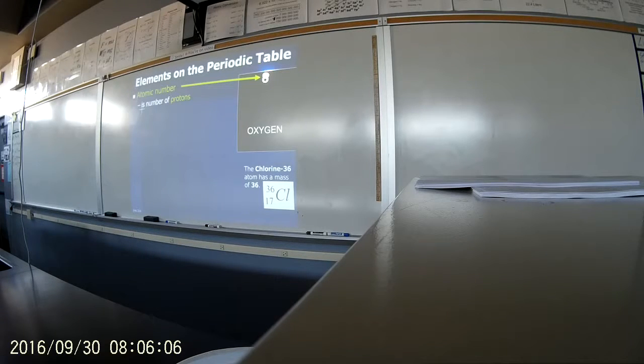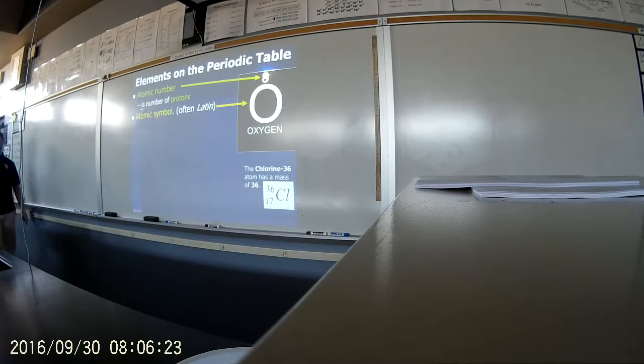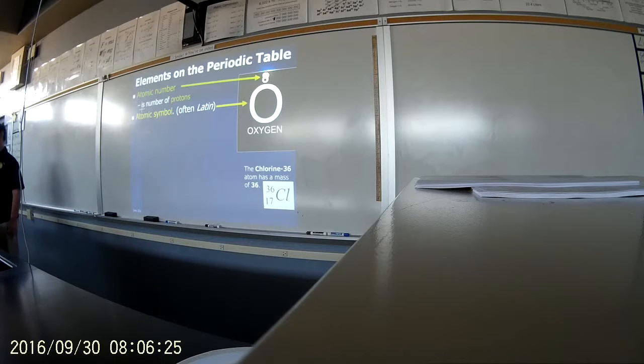Now when you look at the symbol, sometimes the symbol is in Latin. So iron is Fe, because the Latin name for iron is ferrum. If an atom was discovered a really long time ago, it probably has a Latin name.